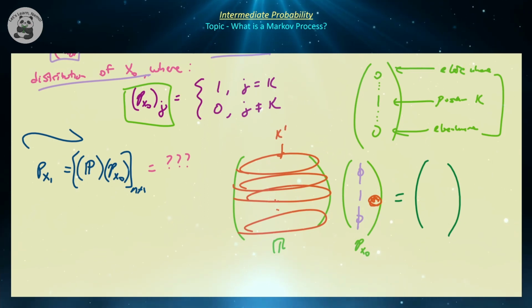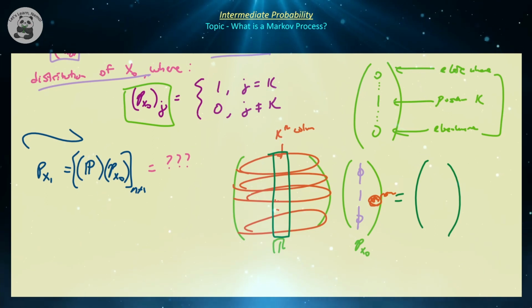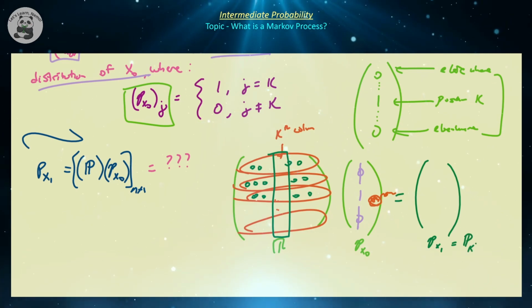So if we focus on the kth column, these are the only values that are going to be multiplied by 1, and then we add them up, with zeros, zeros, zeros when we multiply elsewhere. So you're going to have your vector, by definition, px1, which is just the kth column of P. So that's actually very trivial.